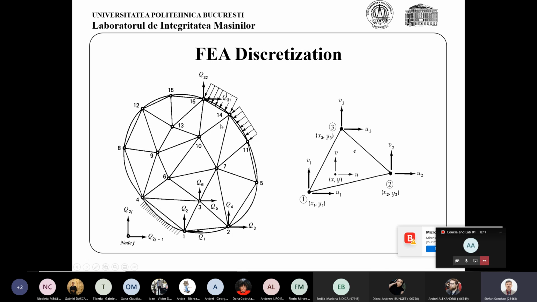Let's say we are interested in the maximum displacement and also the maximum equivalent stress, for example, according to the last theory of resistance, or von Mises stress. Maybe it is largest, let's say, at this point here, we don't know exactly.